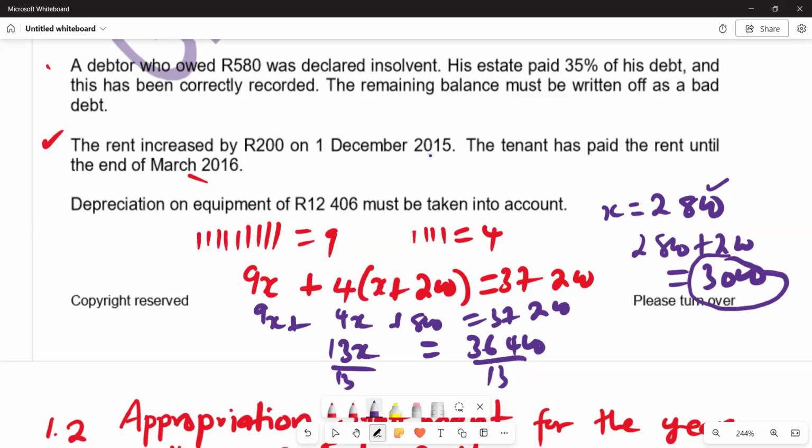So we are going to remove 3,000 from the total that we have of 37,200 so that we get only the rent for that period. So we go there on the under section.